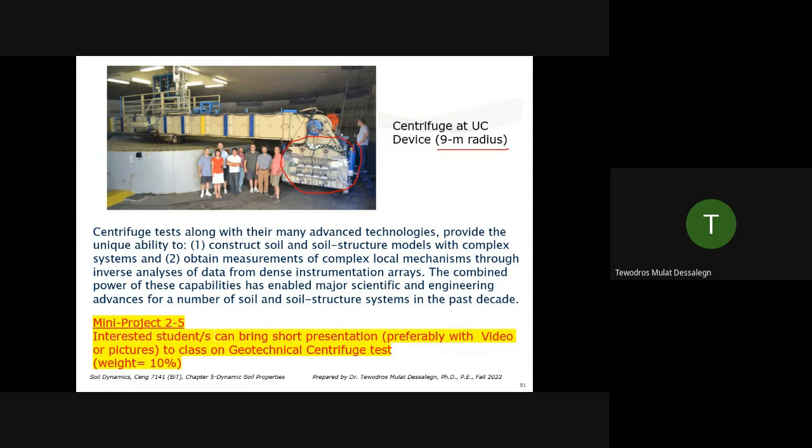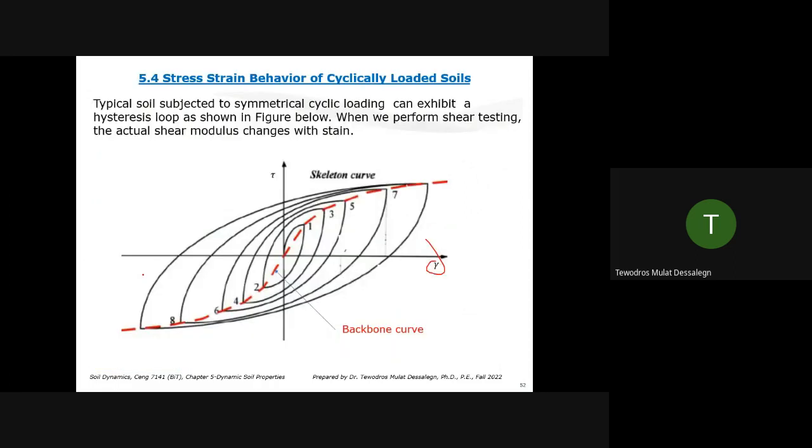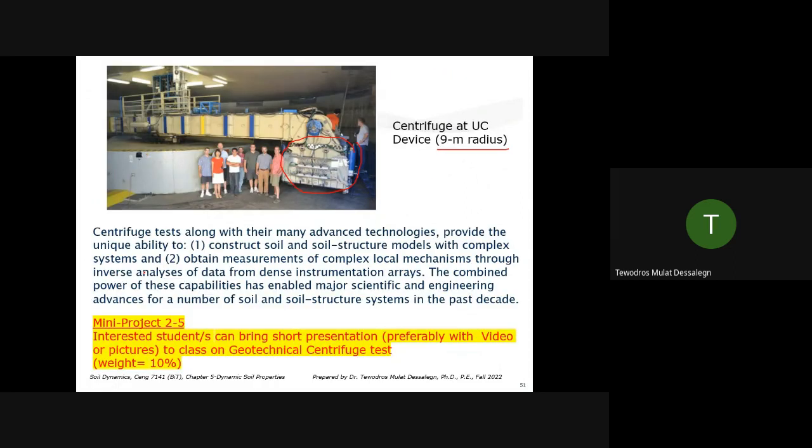Like I said yesterday, don't feel bad about not having this equipment in Ethiopia. Even when I went abroad, I saw it but I haven't done anything with it, because my research was more numerical and coding. My research was simulating what they get from centrifuge tests, replicating that in software.